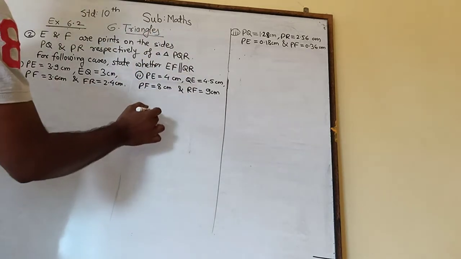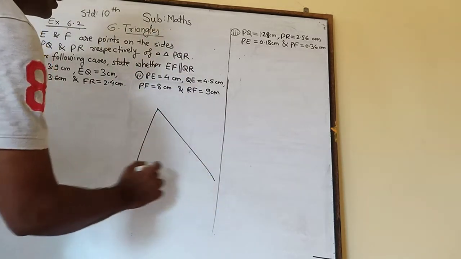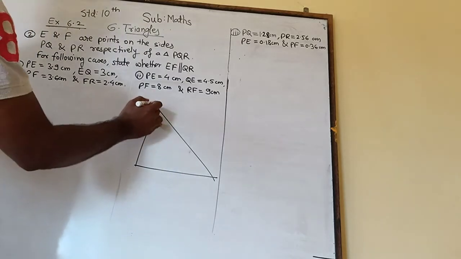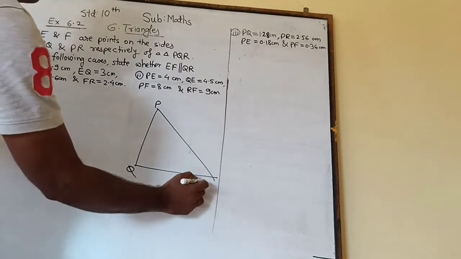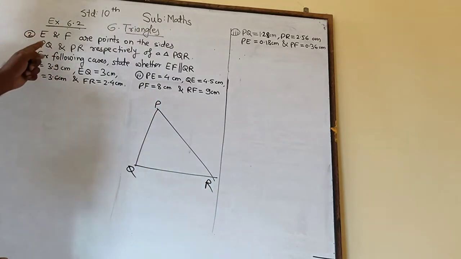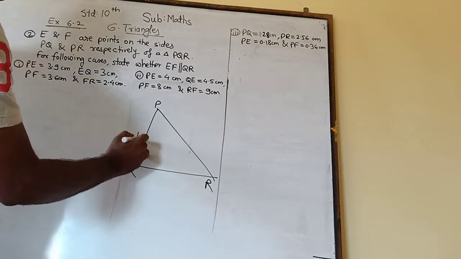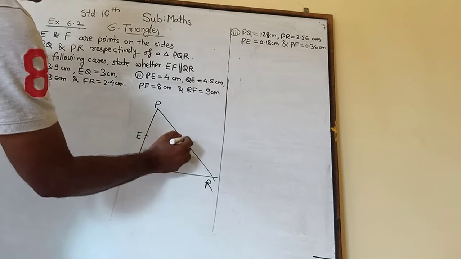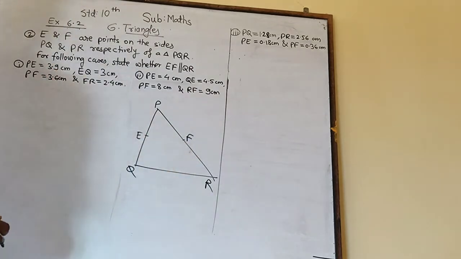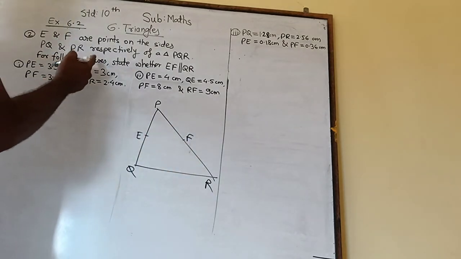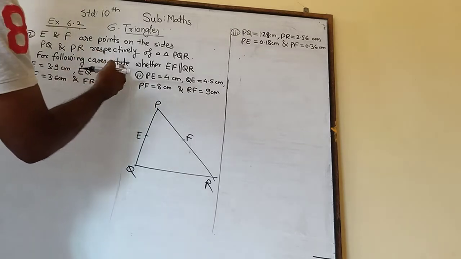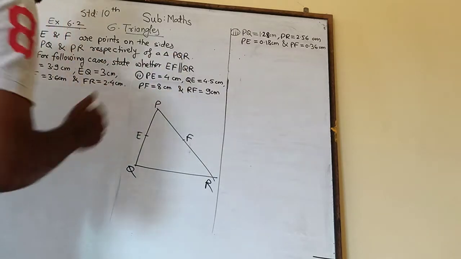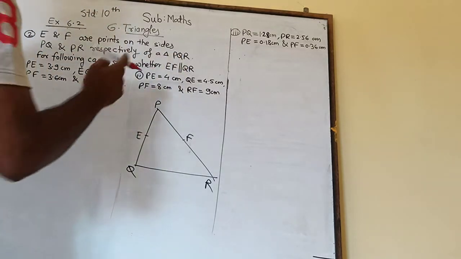So students, I can draw a rough figure like this. PQR is a triangle given. E and F are respectively on PQ and PR. For the following cases, state whether EF is parallel to QR.